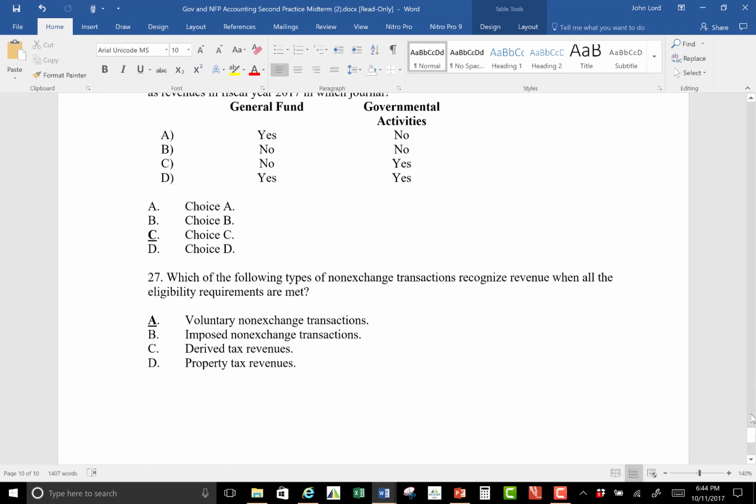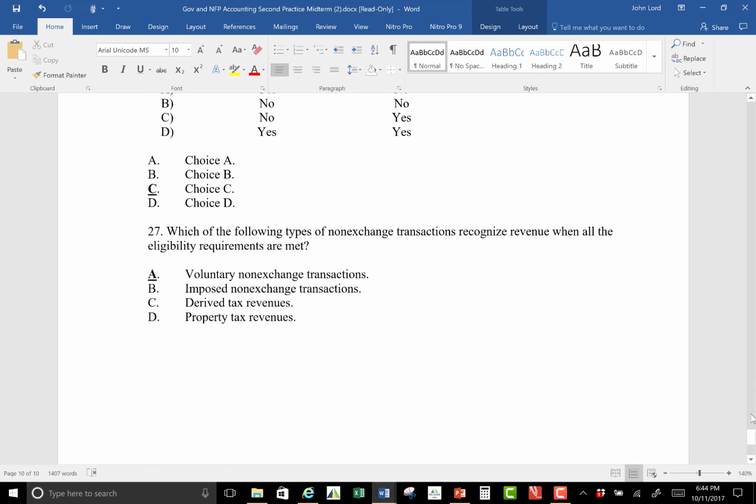Number 27, which of the following types of non-exchange transactions recognize revenue when all eligibility requirements are met? You look at B, C, and D, and it's imposed, derived, property taxes is also a form of imposed. Looking at those categories, for derived and imposed, do we worry about eligibility? We do not.